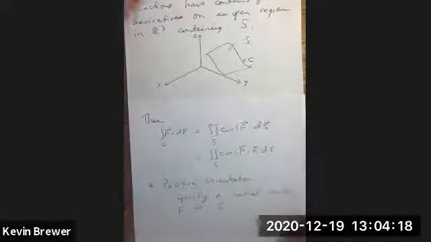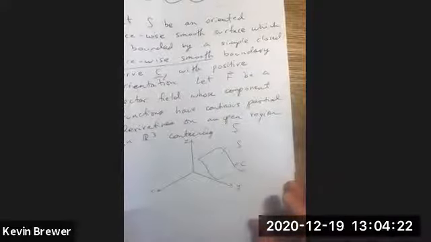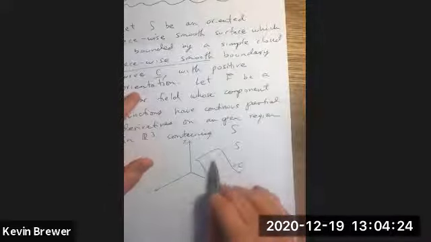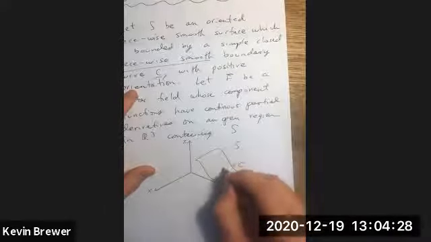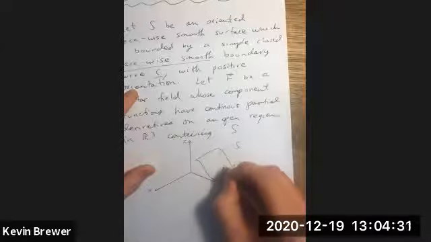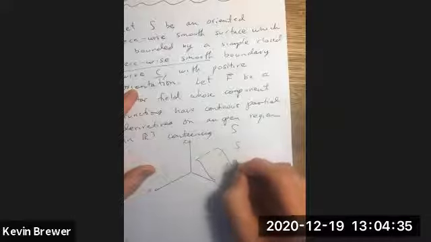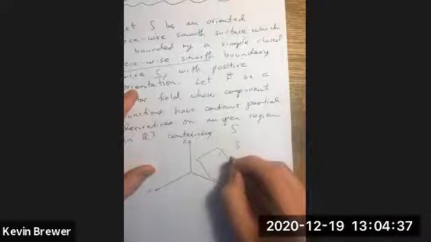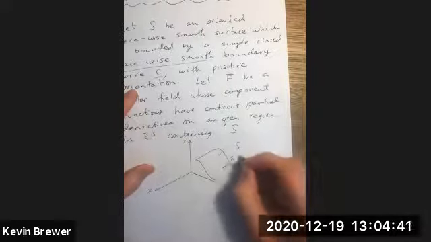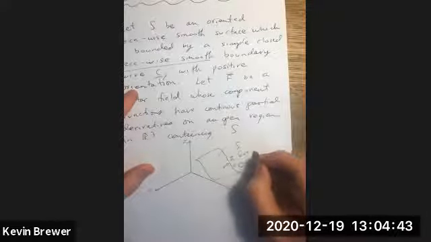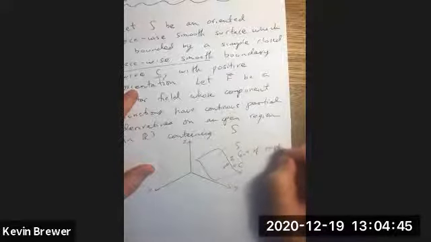Okay, and you recall that for any surface, at any point, there's going to be two normal vectors. There's the normal vector coming out of the page, in other words, towards us, more or less.